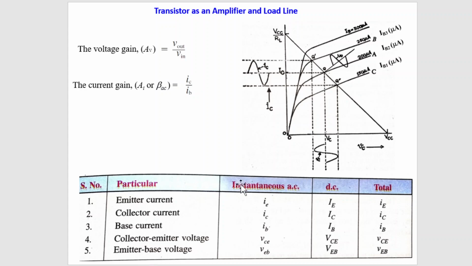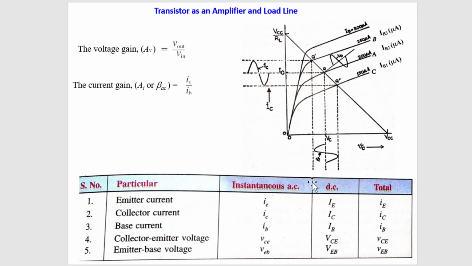This is the instantaneous AC signal. In the instantaneous AC signal, all the notations are small letters, whether main letter or subscript. That is small i, small i_e, small i_c, small i_b, small v_ce, small v_eb.